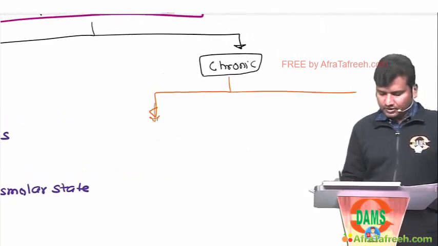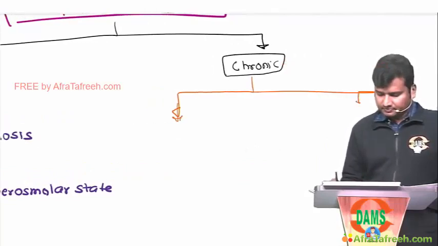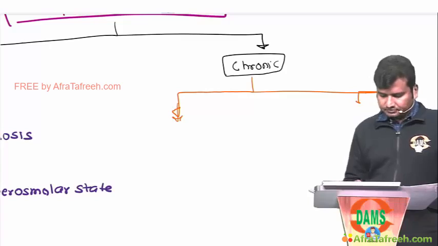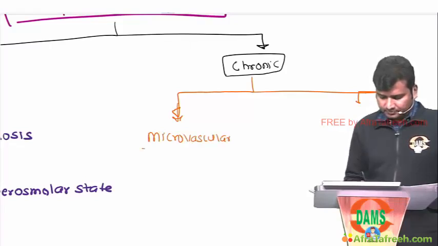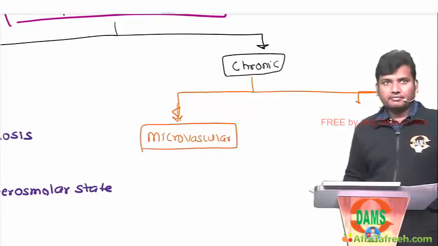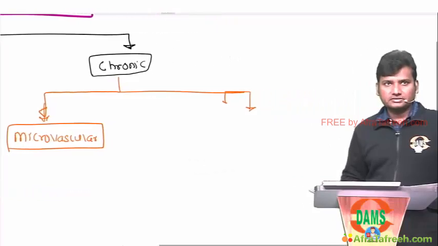Chronic complications of diabetes are of two types: microvascular complications and macrovascular complications.